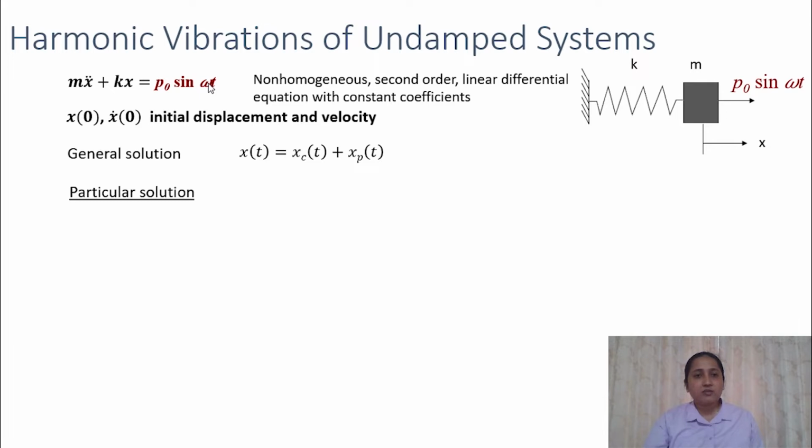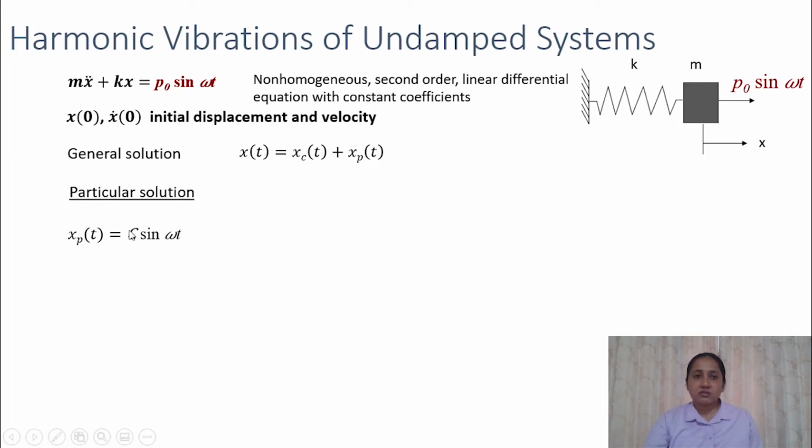So first we will look into the particular solution. To get a particular solution, first we will assume that the particular solution is of the form C sine omega t. So if you substitute this particular solution in our equation of motion, it should satisfy the equality.